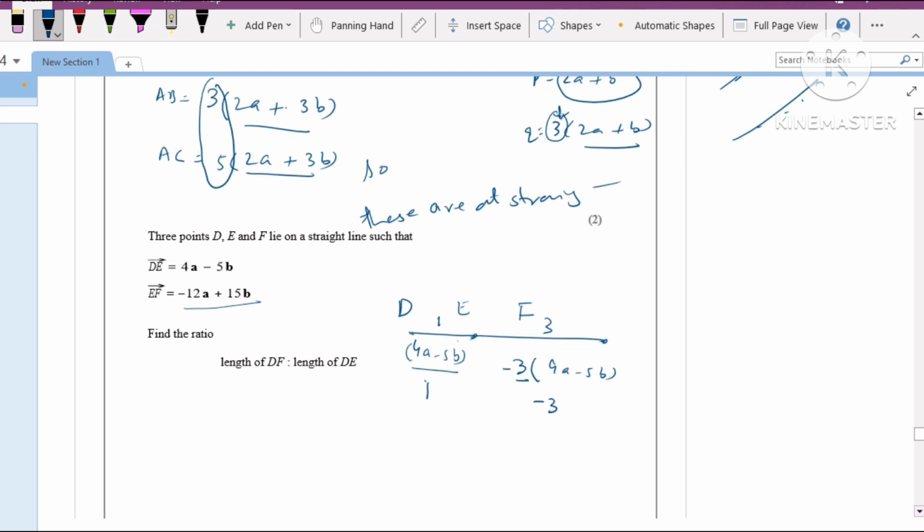The total is 3 plus 1, 4. So D to F should be 4, D to E should be 1. So the ratio is 4 to 1. This is your answer for this question.